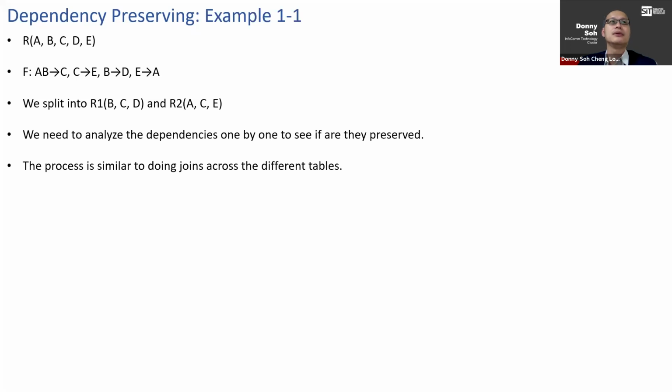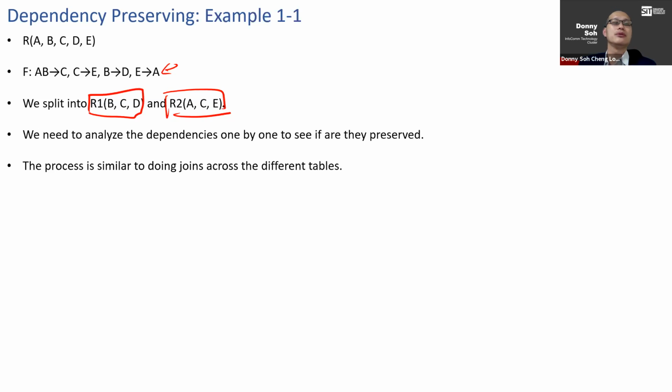So for example, I have the table A, B, C, D, E, and then I have the following functional dependencies over here. And suppose I split up into these two tables.